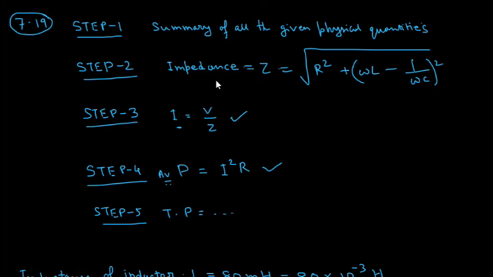We'll find the power individually with respect to resistance, inductor, and the capacitor. Then we'll add all the three powers, and we'll get the value of total power.